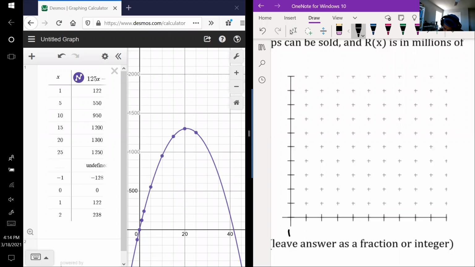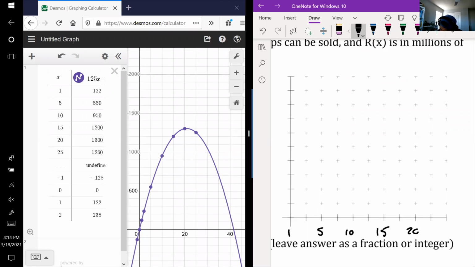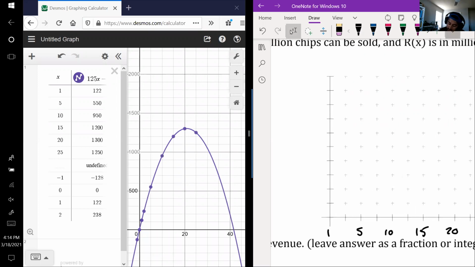This will be 1. And then I think I can skip, right? 5, 10, 15, 20, 25. And then our highest is 1300. So we can go by 200. Why not? 200, 400, 600, 800, 1000, 12, and 14. Okay.